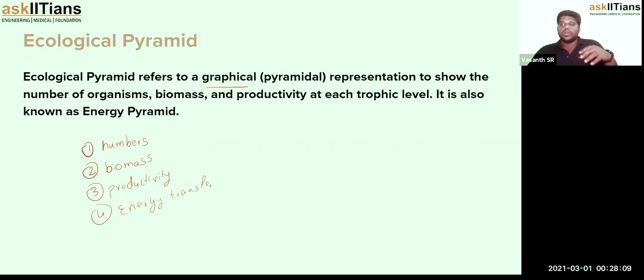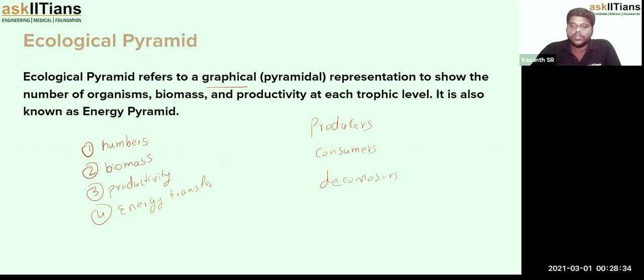We have studied that there are different segments of the environment itself, which involve abiotic and biotic factors. In the biotic factor, we involve producers, consumers, and decomposers.